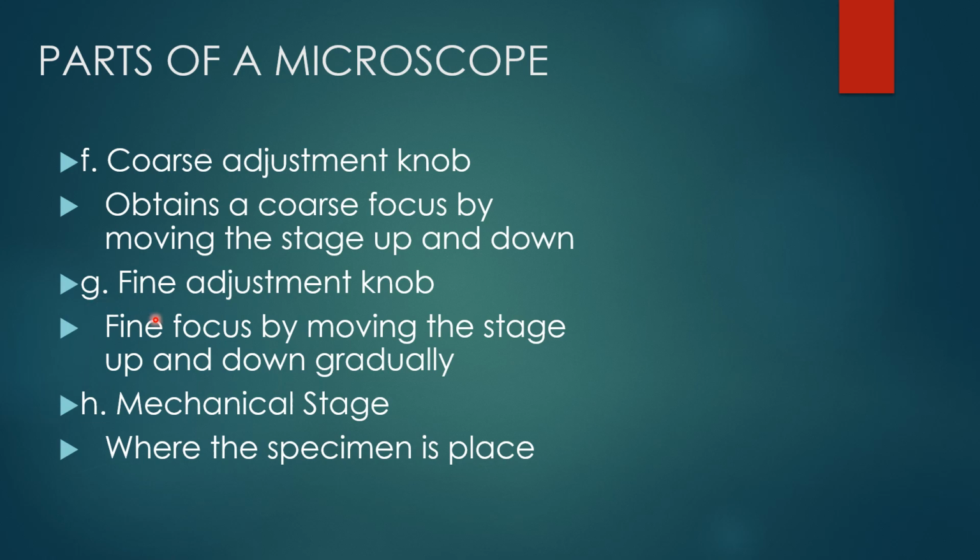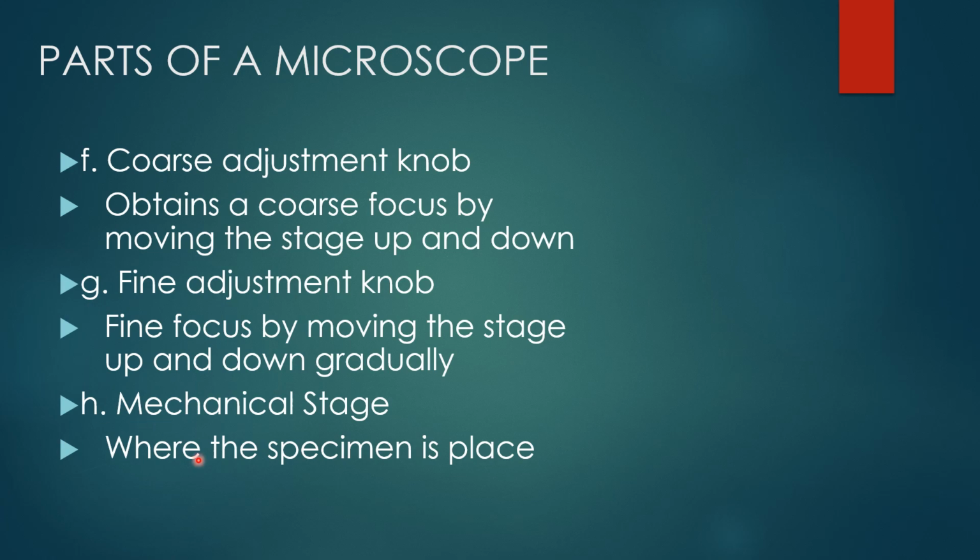And then you have your fine adjustment knob. Your fine adjustment knob will give you a fine focus by moving the stage up and down gradually. Of course, after your coarse adjustment, you need to do a fine focus. This one is usually utilized when using your high power objective and also your oil immersion one.